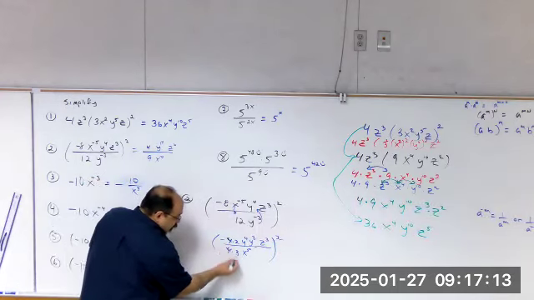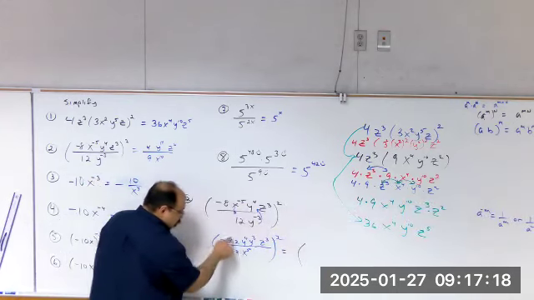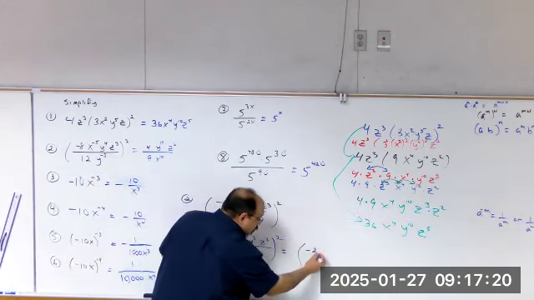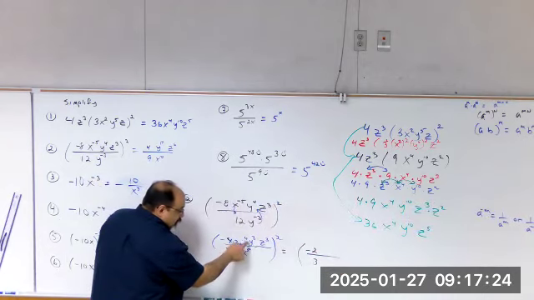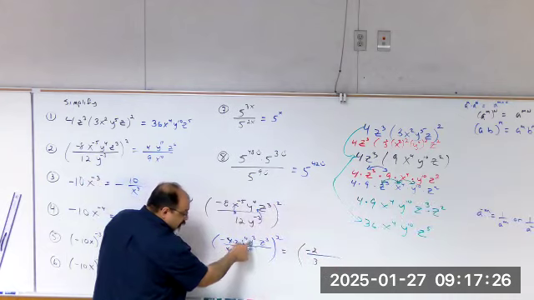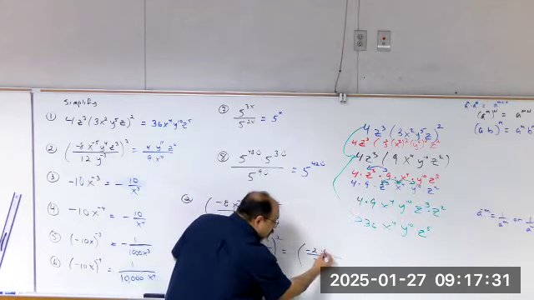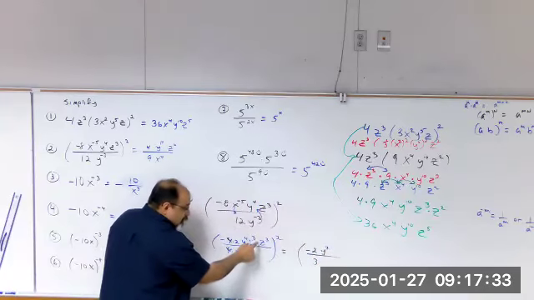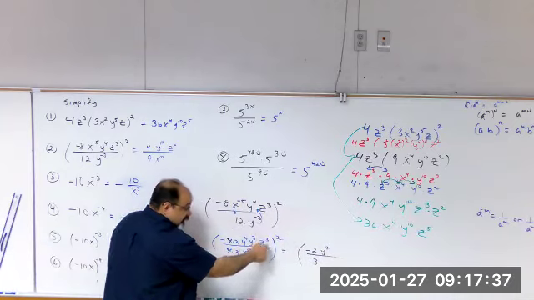So 4 reduce, and we have parentheses still, 2 over 3, negative. Y to the 4th times y to the 3rd. You add the powers, 4 plus 3, that's y to the 7th. That's the only z. There's no z's down here to simplify with it, so that's z to the 3rd.